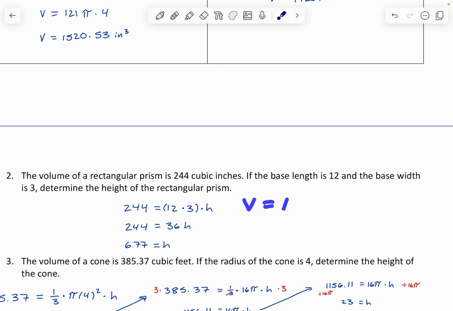Volume is equal to length times width times height. I know my length, I know my width. I don't know my height, but I do know my volume. 244 is equal to 12 times 3 times h. 12 times 3 is 36. 244 is equal to 36h. h is equal to 6.77.